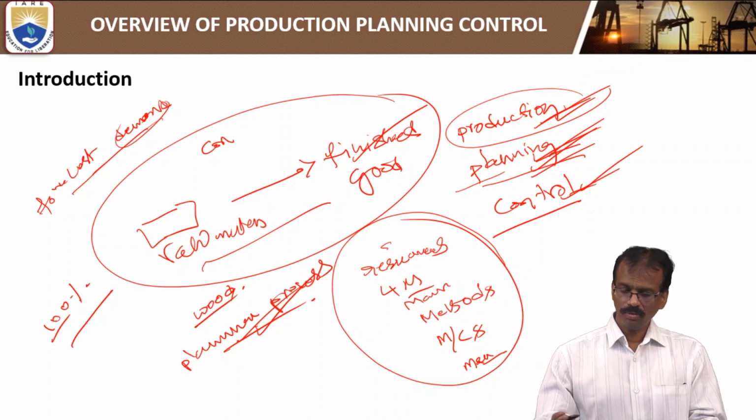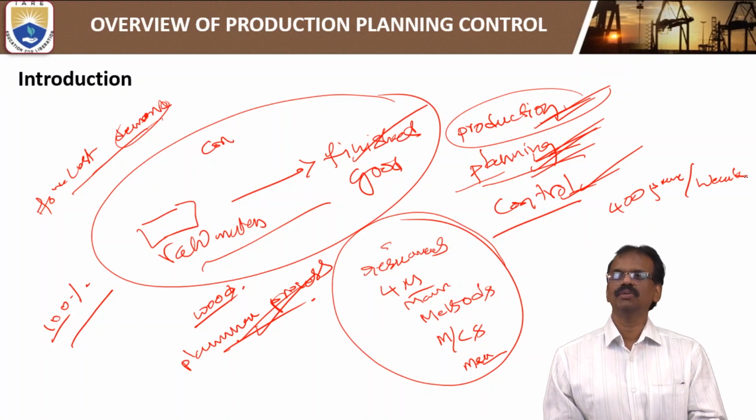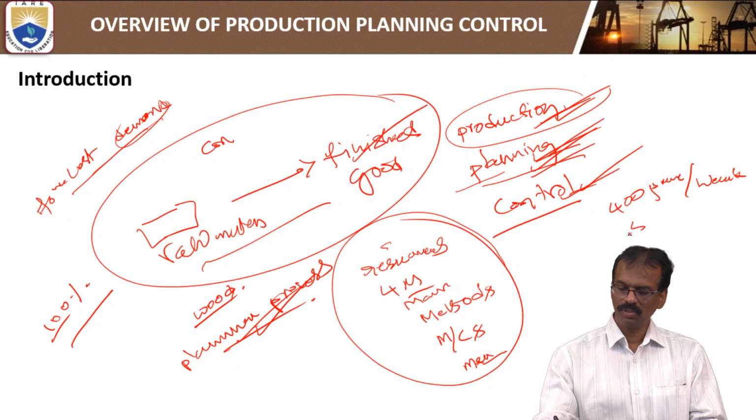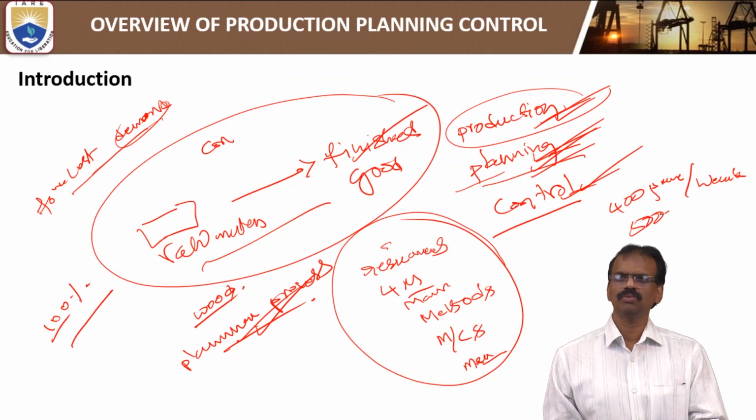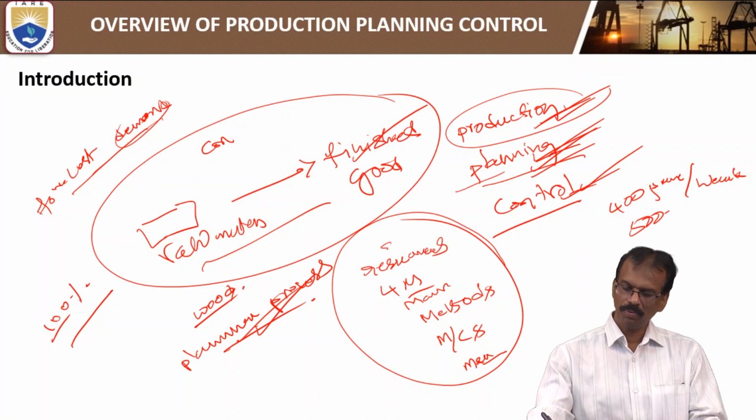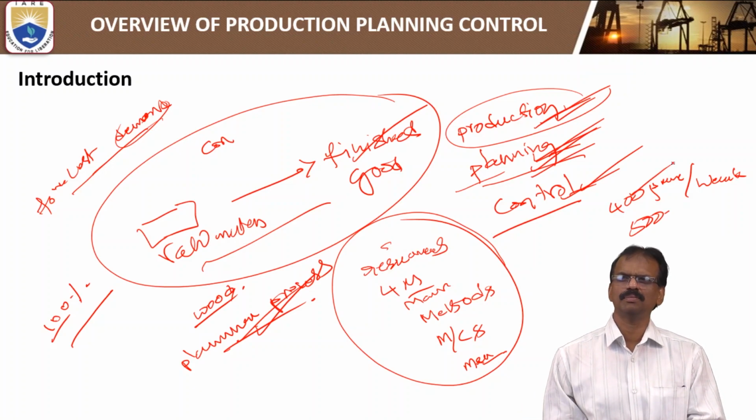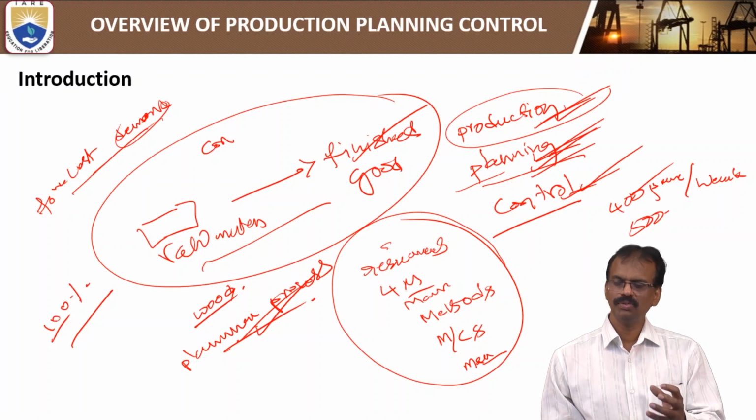Suppose you have planned a production of 400 pieces per week. If you are over-scheduling, and we are producing 500 per week, then according to the plan we require only 400 pieces, so we have to slow down the system.